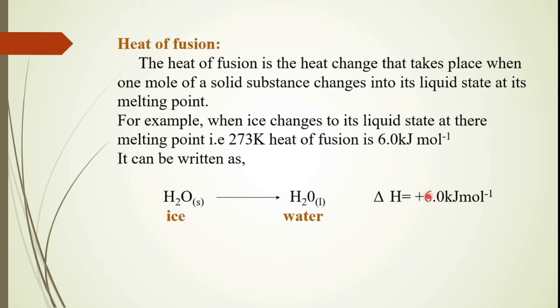For example, when ice changes to its liquid state at its melting point, that is 273 Kelvin, the heat of fusion is 6.0 kilojoule per mole. That means when ice gets converted into water, the heat change accompanying this process is equal to 6.0 kilojoule per mole, and it is known as the heat of fusion.